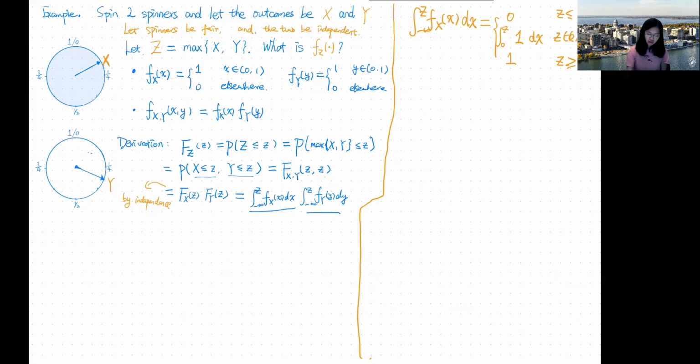So that integral equals 0 if z is less than or equal to 0, 1 if z is greater than or equal to 1, and otherwise the value of this integral equals z.